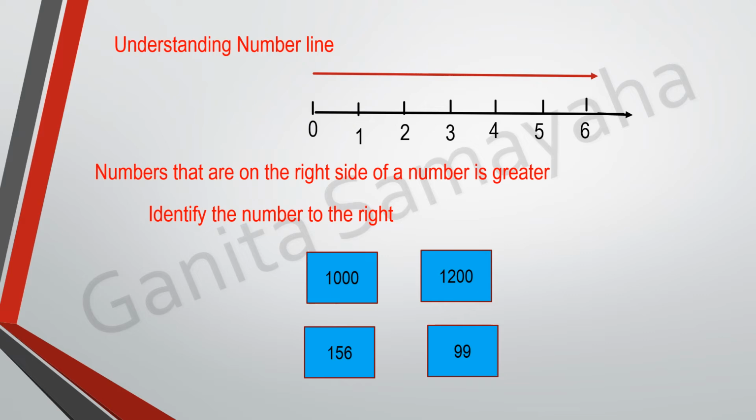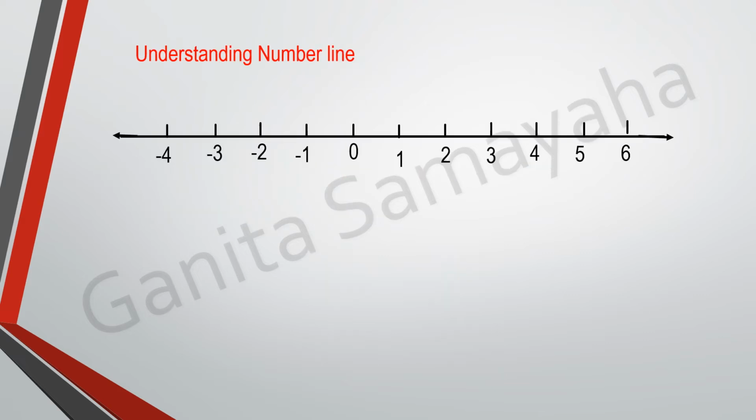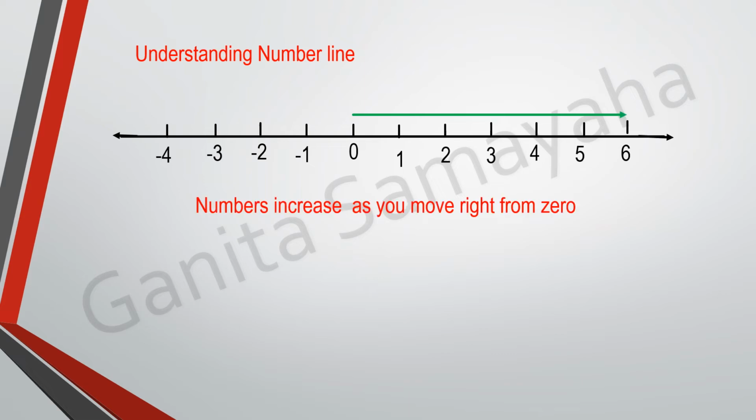Shall we extend the same thing? So on this number line, we have seen that from 0 when we move to the right, the numbers are increasing. Numbers increase as we move right from 0. If you take 0 at the starting point and move to the right, they are all increasing. Okay. Then let us understand what will happen if you move to the left from 0.